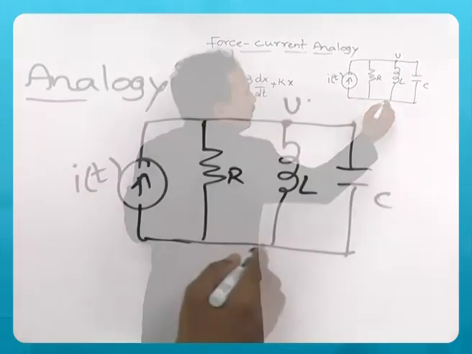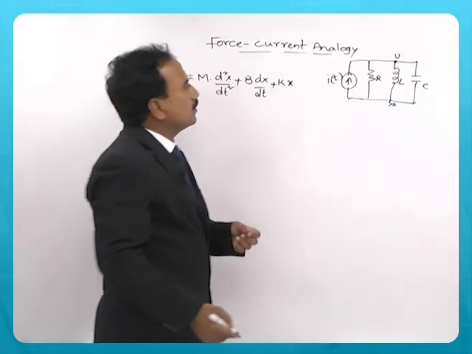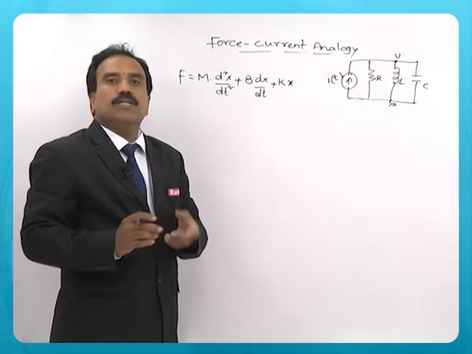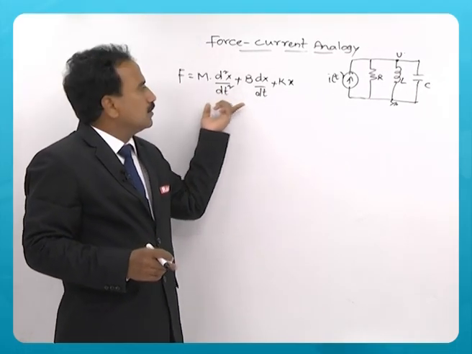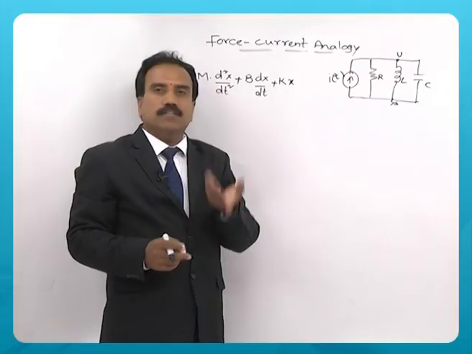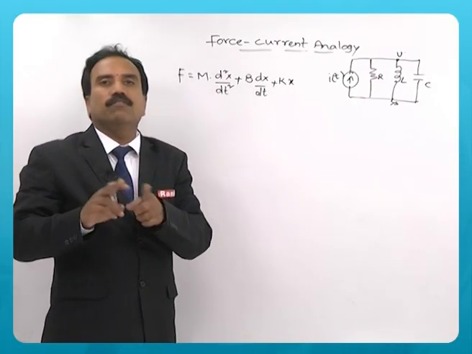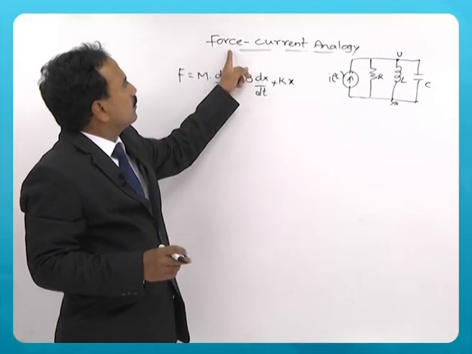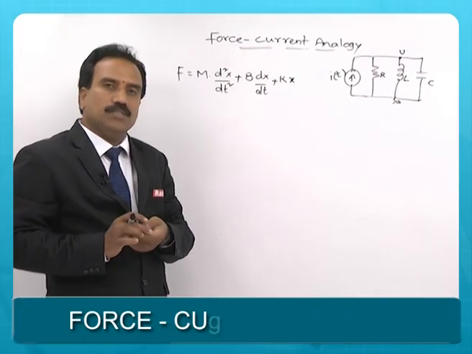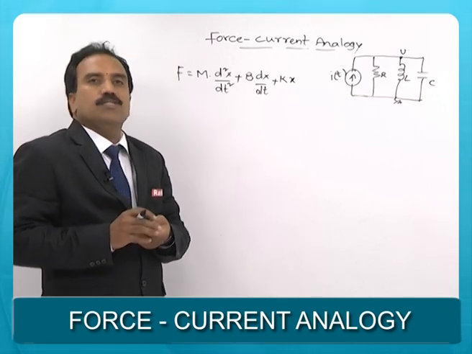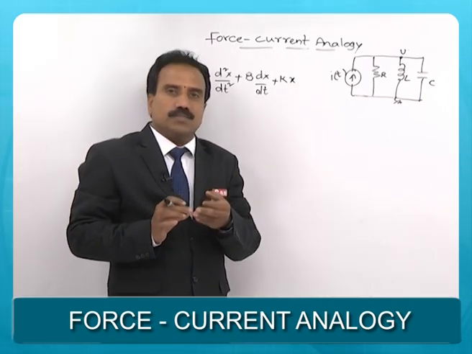Now, what is the equation actually you can have here? Because I have already equation for mechanical system, I need to have an electrical equation also, because I want to have an analogy between force and current, not voltage. In the case of previous section, force voltage analogy, I have considered series RLC circuit.